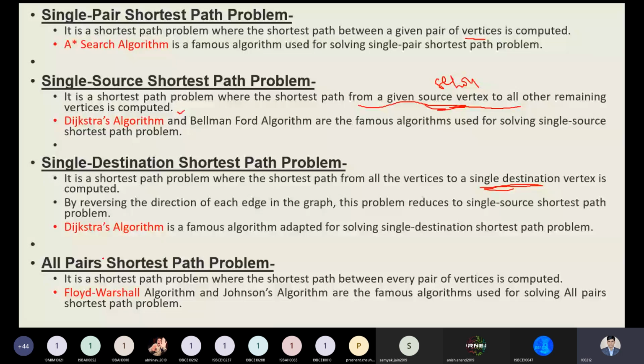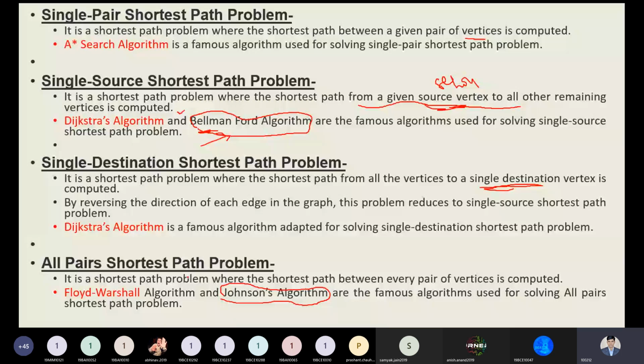I have not colored it red because it is not part of our curriculum, but this is a very famous algorithm which we study in the computer network course. But Johnson algorithm is a little bit different from the Floyd-Warshall algorithm, though it comes under the category of the all pair shortest path problem.